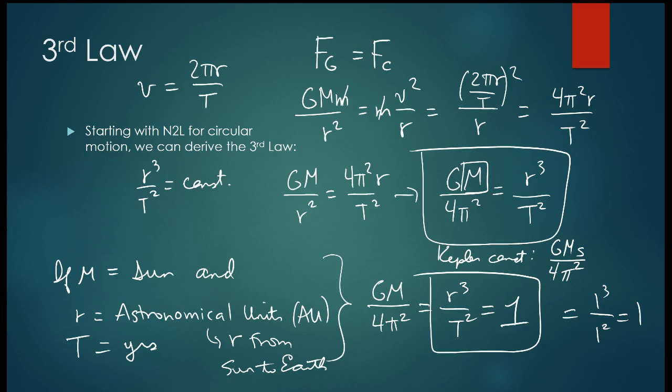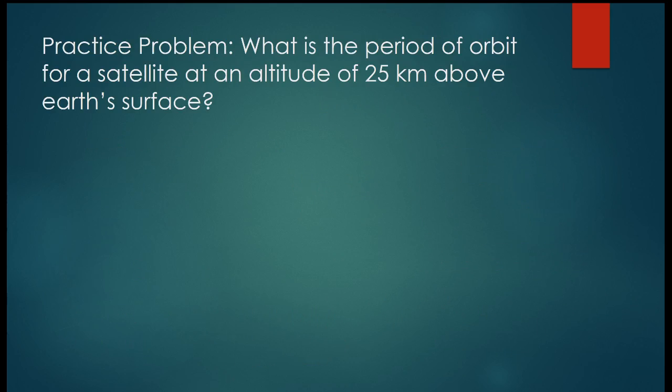Okay, so one quick example. We want to find the period of orbit for a satellite at an altitude of 25 kilometers above Earth's surface. So we just use r cubed over T squared is equal to GM over 4 pi squared. And in this case, this big M has to be the Earth. So you always want to use the mass of whatever you are orbiting.